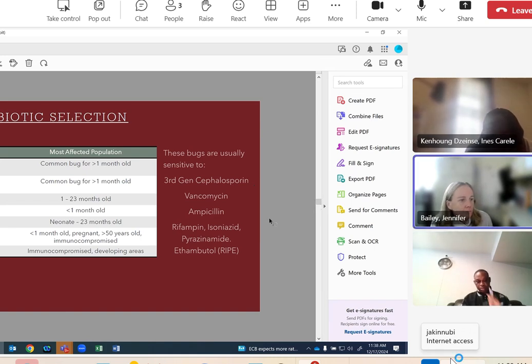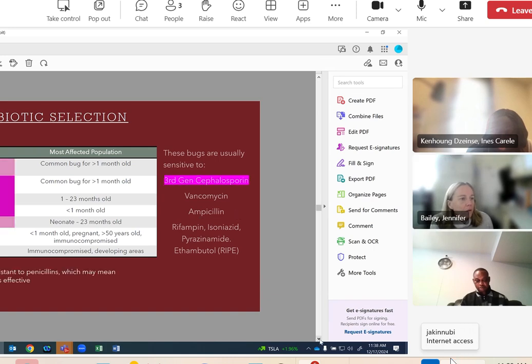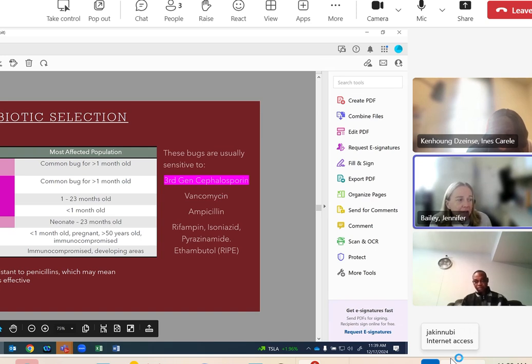All right, so the typical regimen for empiric bacterial meningitis is a third-generation cephalosporin. So this is a drug like ceftriaxone, for example, vancomycin, and then some patients get ampicillin. The cephalosporin covers most of the common pathogens that cause meningitis or encephalitis.